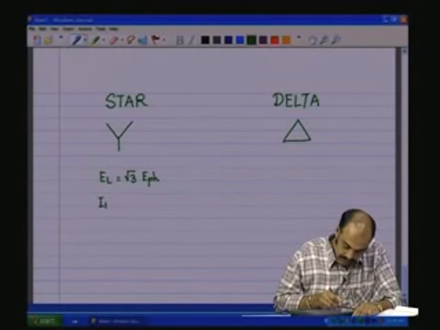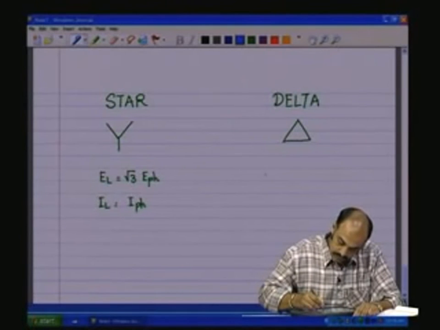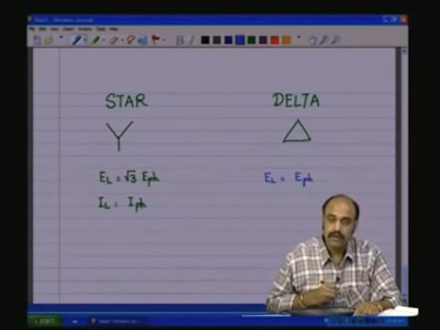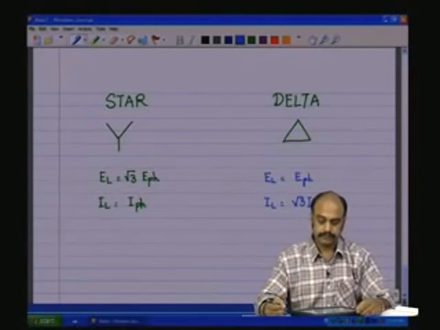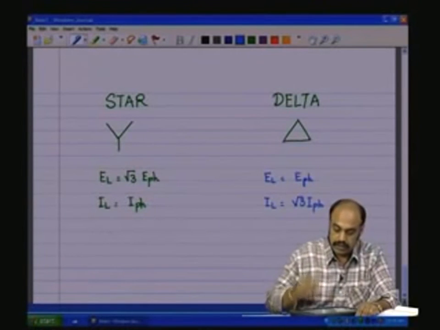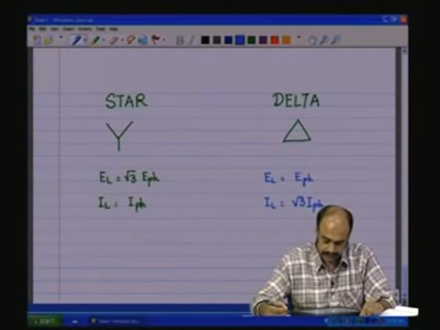I line is equal to I phase. And the delta circuit, E line equals E phase. Line voltage is same as the phase voltage, and I line will be root 3 times I phase. These are the two important relationships with respect to the star and delta circuits.